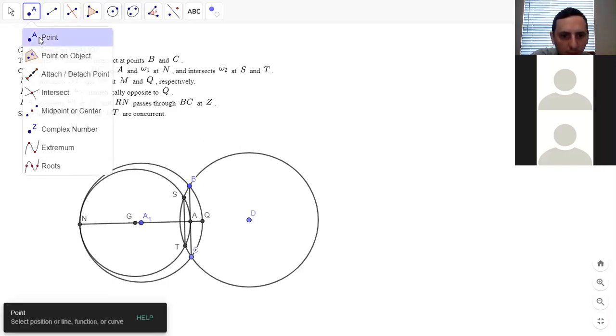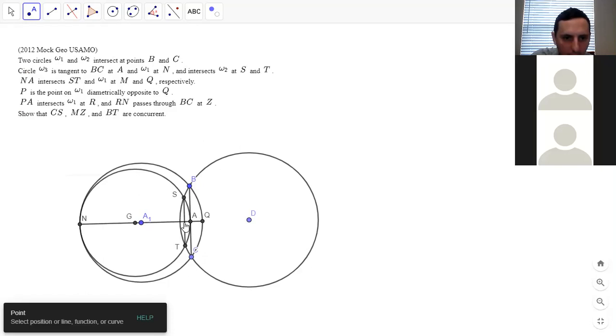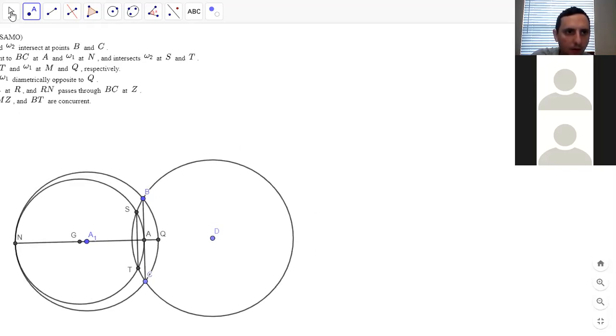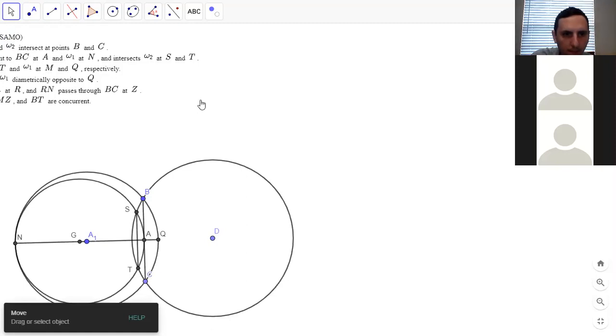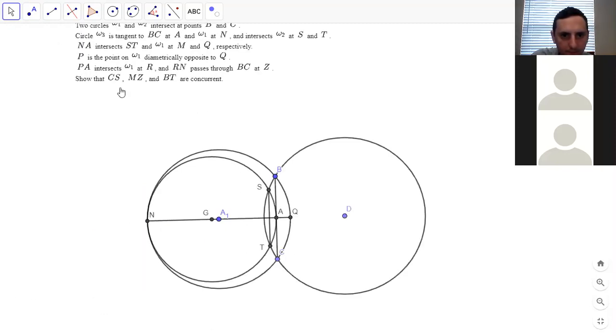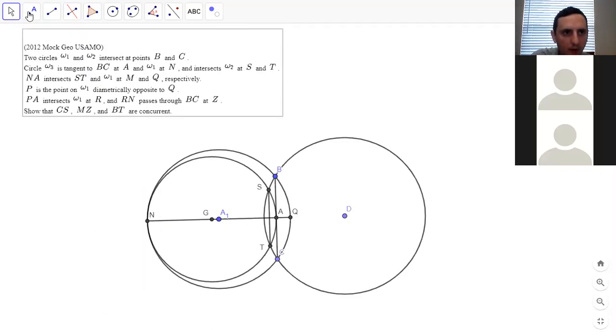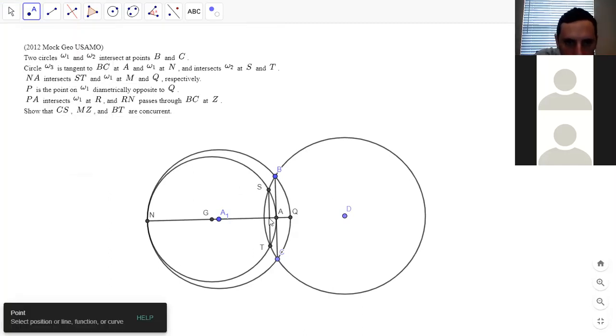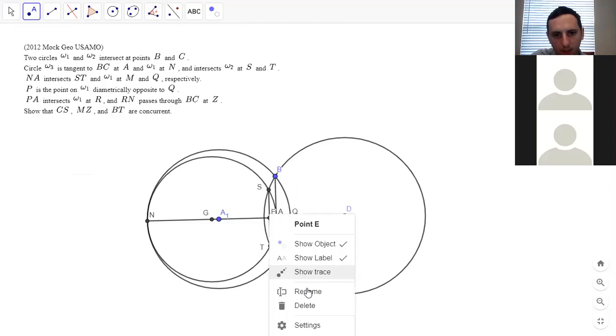So we want this to be point M right here. Whoops, it's having trouble drawing it. Let me zoom in a little bit. There we go. So that's point M.